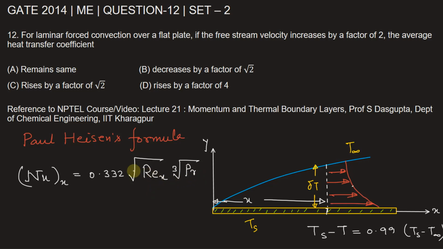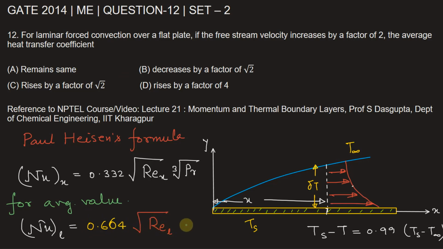Since in the problem we need to find the average heat transfer coefficient, for the average value we can write the Nusselt number over the flat plate of length L as 0.664 times the square root of the Reynolds number over the flat plate multiplied by the cube root of the Prandtl number.